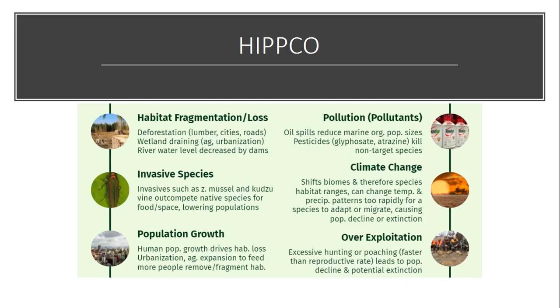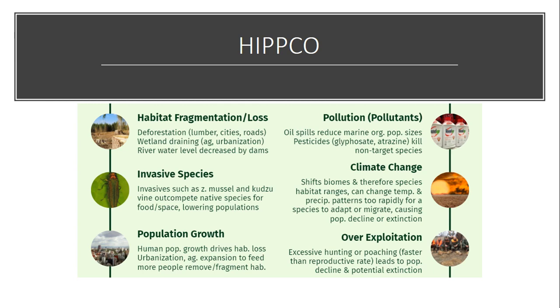Now, in what way might each of these do that? Well, thinking back to all of the topics we have now covered in the entirety of the school year, we know that habitat destruction or fragmentation is oftentimes caused due to deforestation, right? Maybe we need to use that lumber for some sort of provisional service, or we need to build a city or roads to connect two towns.